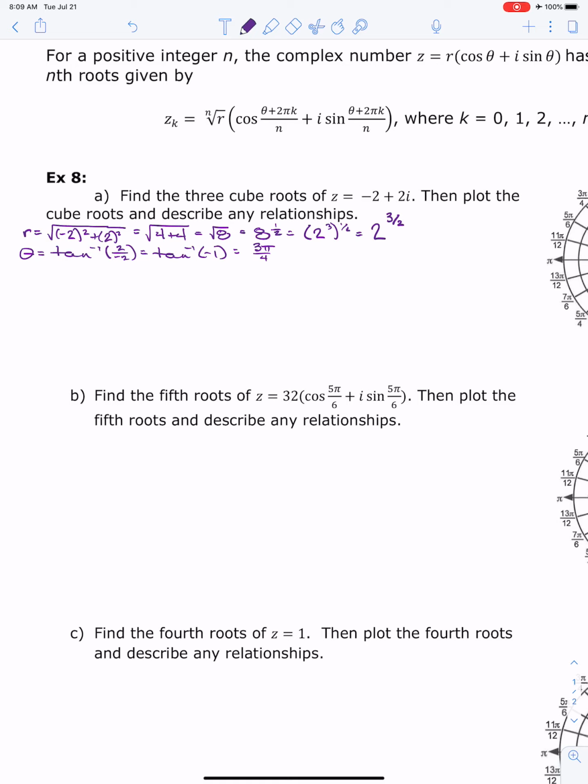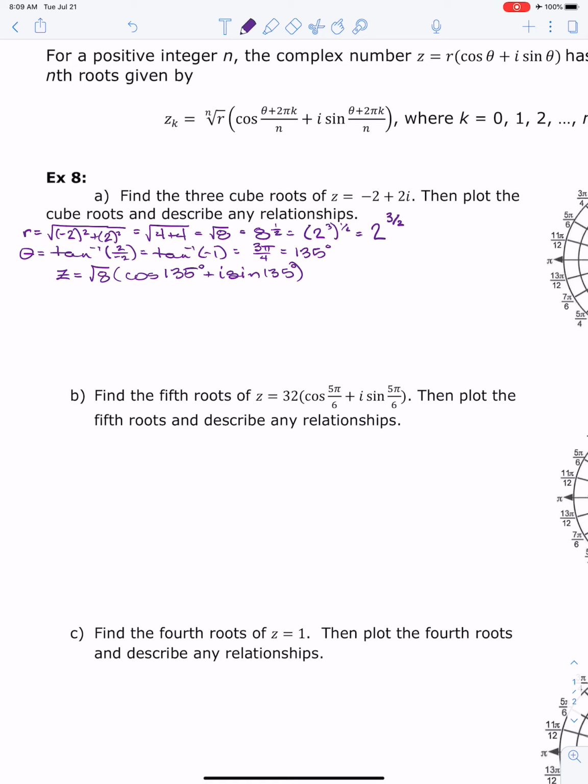And if we want, we can remember that's 135 degrees. Sometimes it's nice to think of these in terms of degrees. Okay, so now here is my complex number. What do we have? Square root of 8, I'm just going to leave it like that for now, times cosine 135 plus i sine 135 degrees.